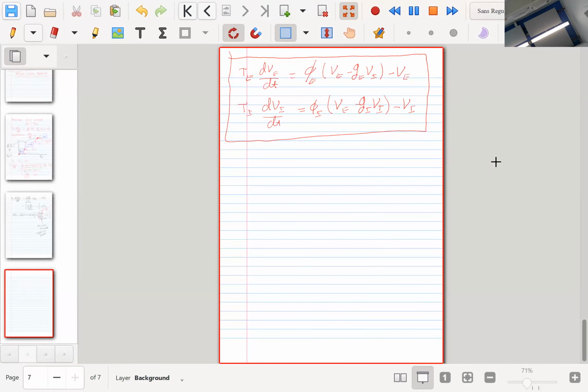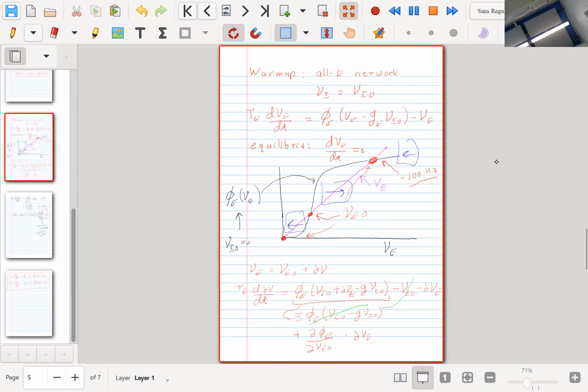So those are the equations we're going to be using. In the one-dimensional case, by the way, I should point out that if we change the inhibitory firing rate in this version, which was the case where the inhibitory firing rate was 0, and increase it, all this does is shift this curve to the left or the right.